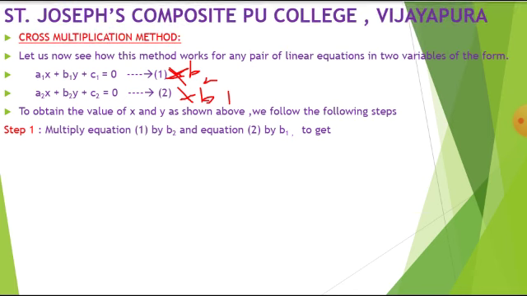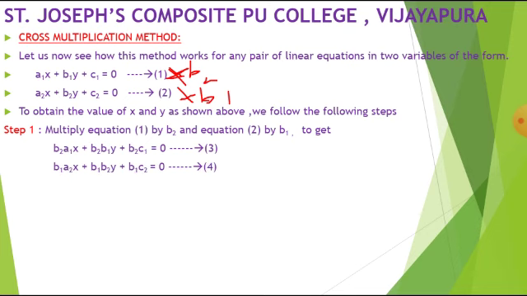After multiplication, what will we get? We will get the equation b2a1x plus b2b1y plus b2c1 is equal to 0. This is the third equation. Next, after multiplying b1 to equation 2, we will get b1a2x plus b1b2y plus b1c2 is equal to 0.